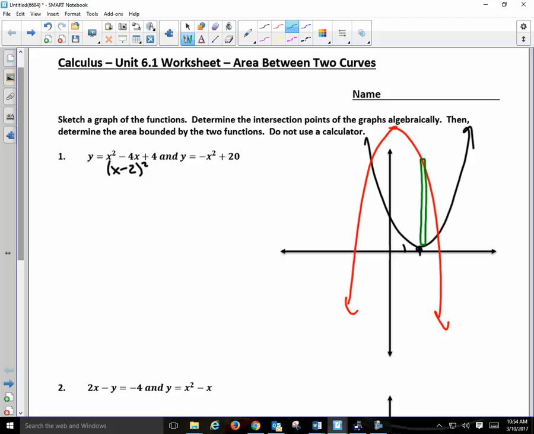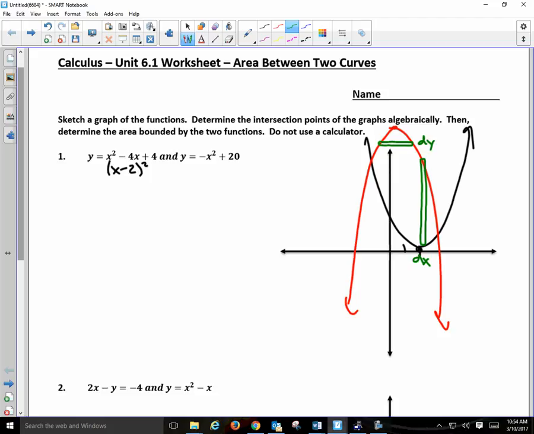Yeah. And so a vertical rectangle is going to work, and it has thickness of dx. However, if I drew a horizontal rectangle, is there always a distinct left and right? That would have thickness dy.